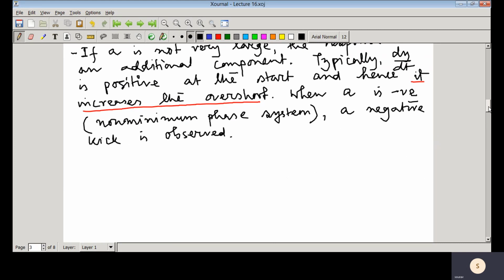So a negative kick is observed means it is like that. This is the time axis and this is y(t). Suppose you have applied a step input here. Whenever you have a 0 on the right half of the S-plane, the response becomes like that.